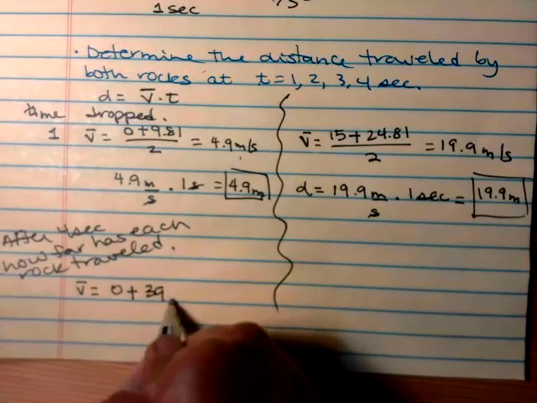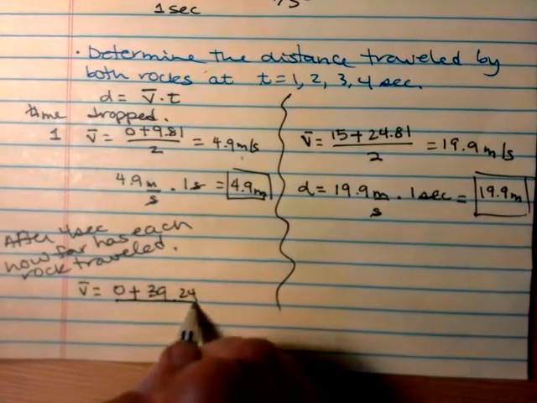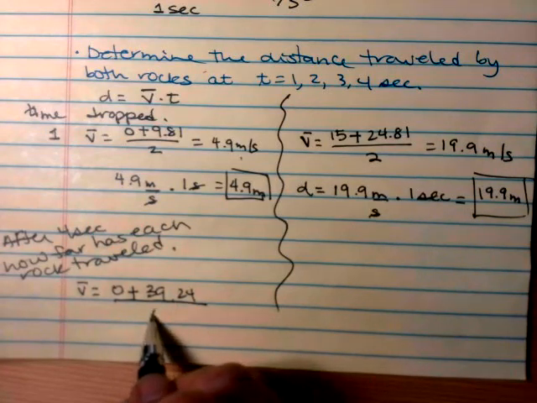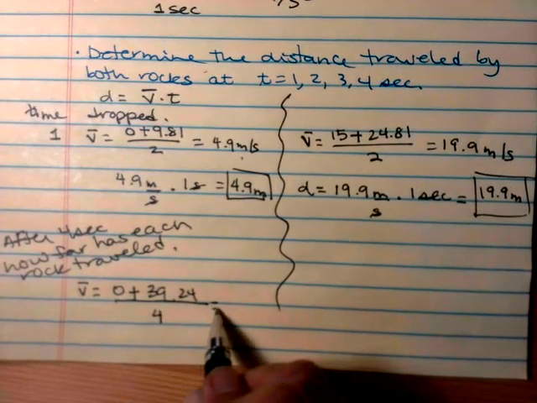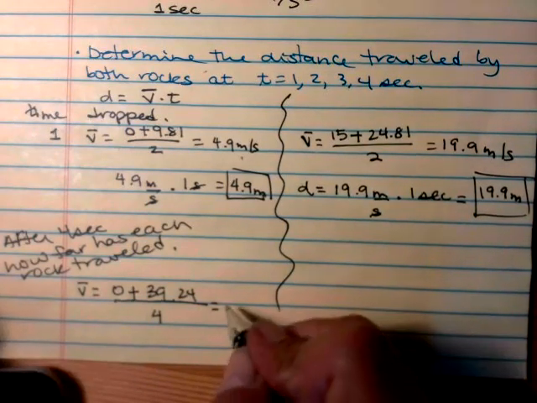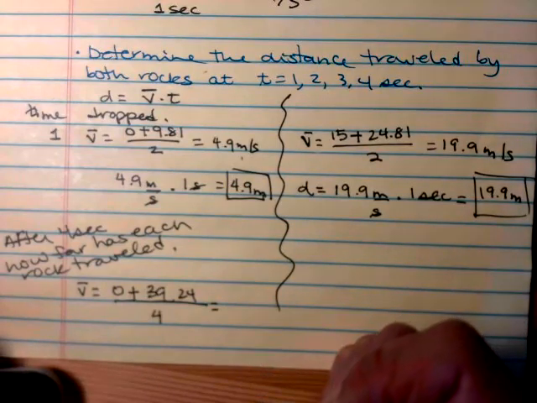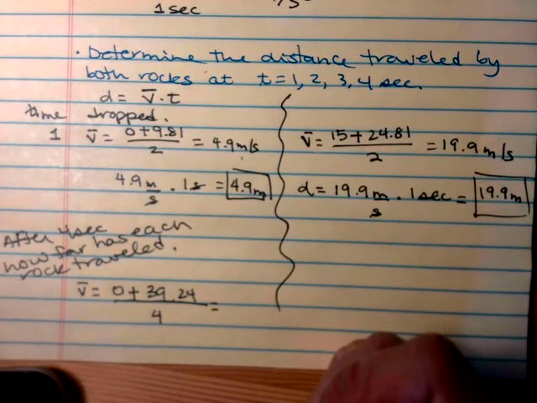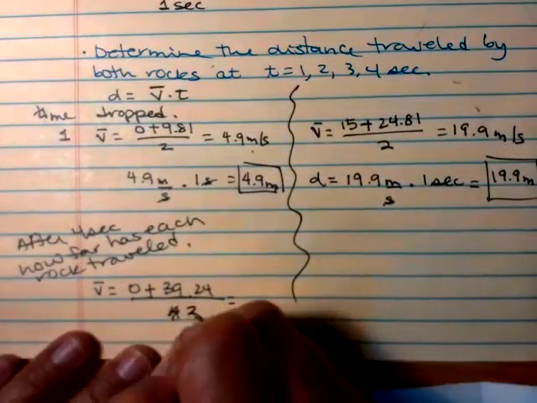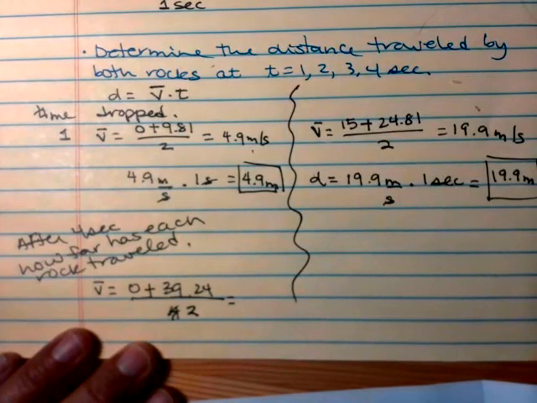Its final velocity is 39.24. And that is over 4 seconds. So that's going to give us, okay, I meant divide by 2, because I'm averaging 2 numbers.